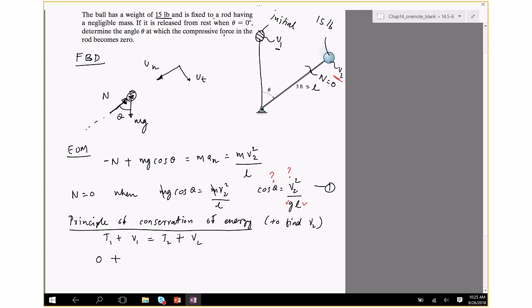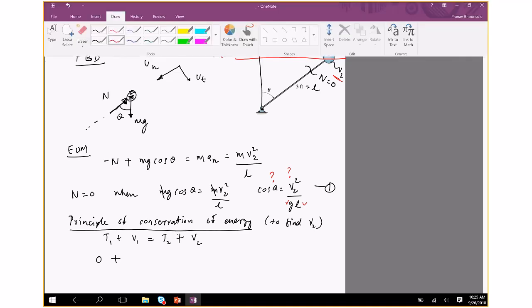One is putting the datum right at the initial position, or putting the datum right at the final position. Both of those will give you the same answer. So for the previous problem, I put the datum at the initial position. This time I put it at the final position just to show you that it also works. So let's put the datum here. It's up to you where you want to put it, but both will give you the same answer.